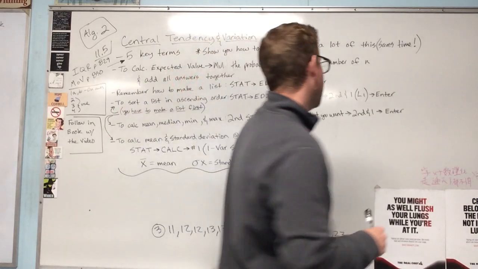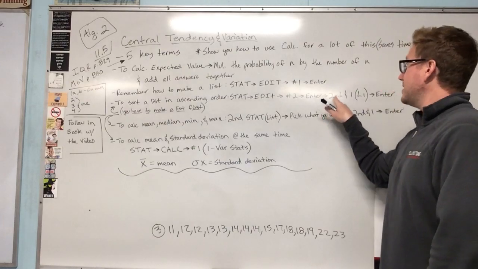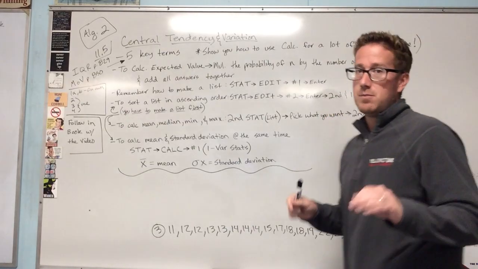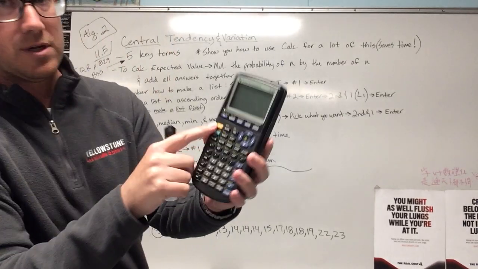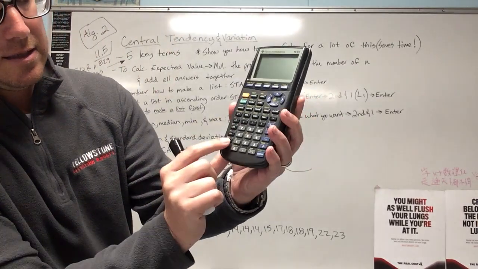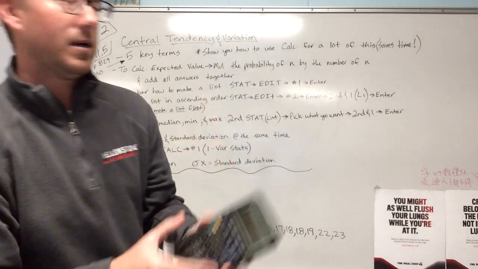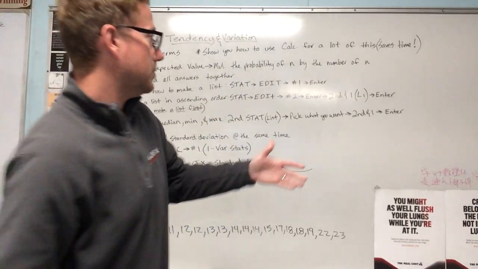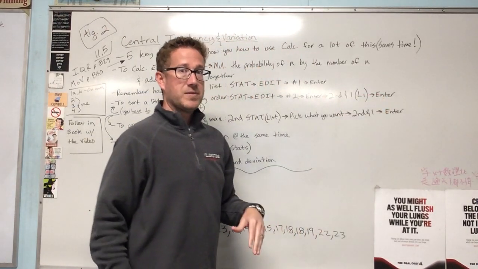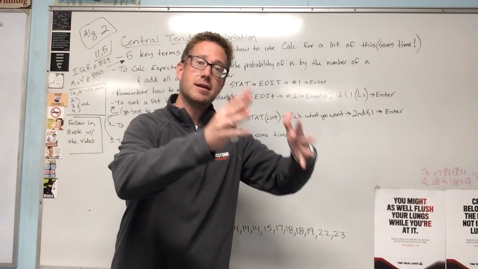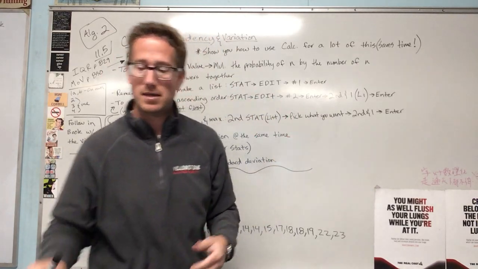So what you're going to have to do is hit Second, and then go to literally the number 1 on the calculator, and if you look up above it, it says L1. L1 is where our list was. So when you put that in, then hit Enter, and it's gone back into your list, and it has now sorted your list in ascending order.